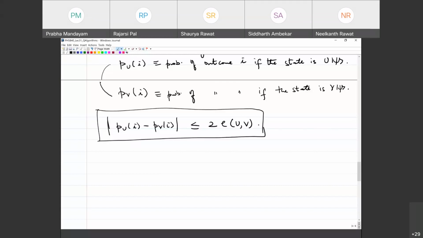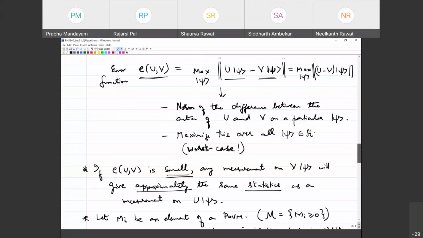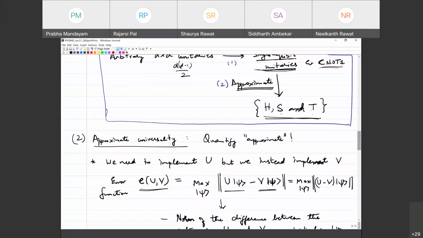So when I say that any single qubit unitary can be approximated by this set, which is H, S, and T, it can be approximated to arbitrary accuracy, which means I can make this error function as small as I want, right?